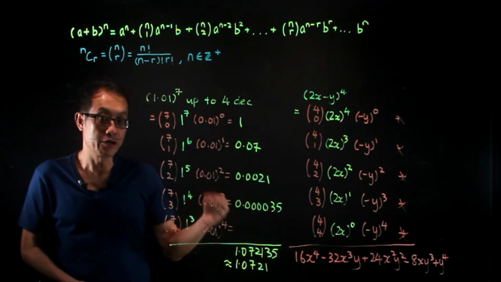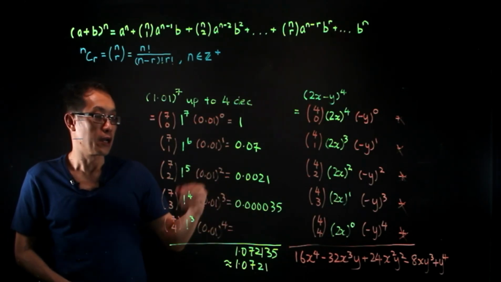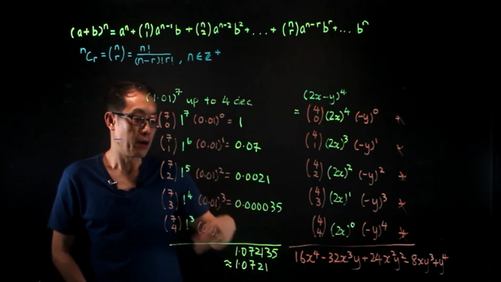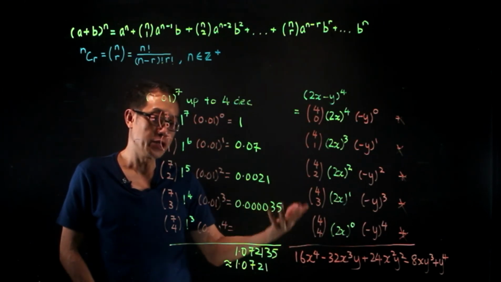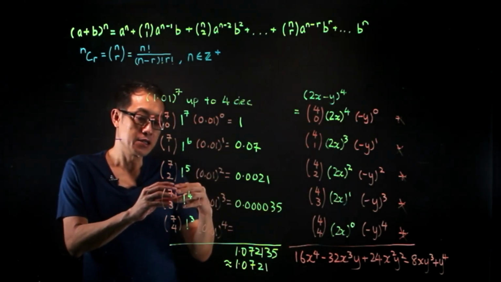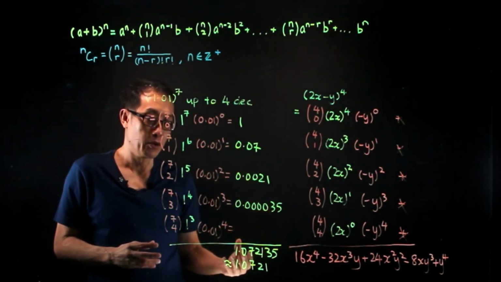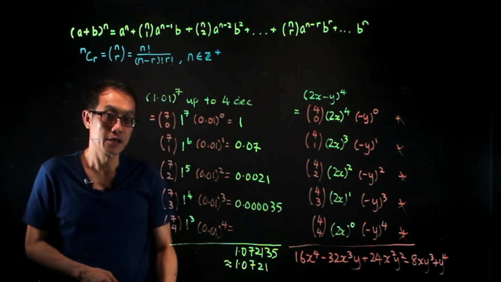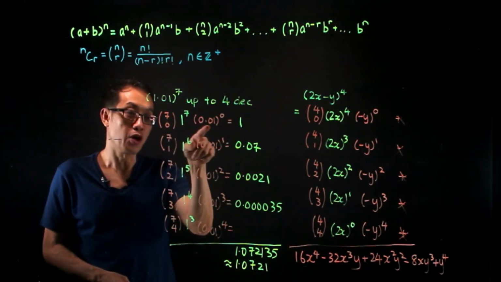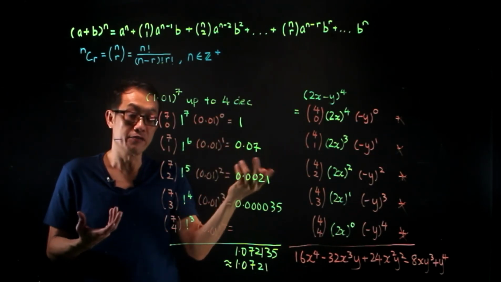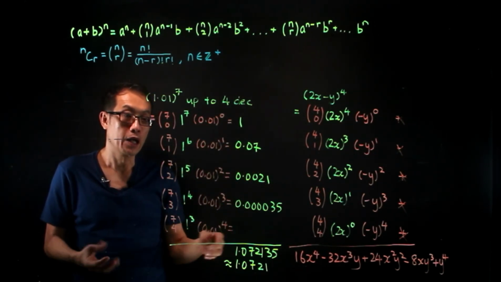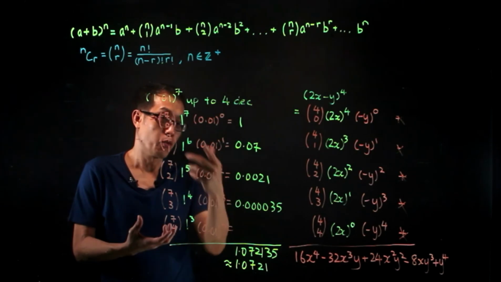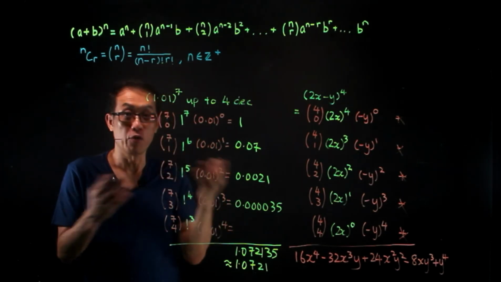So if you increase its power, like power of 2, power of 3, you find that this number actually gets smaller and smaller. That's why we can use this to approximate it. Now if this is not 0.01, let's say if it's a number greater than 1, let's say this number is 2, you find that that won't be accurate.